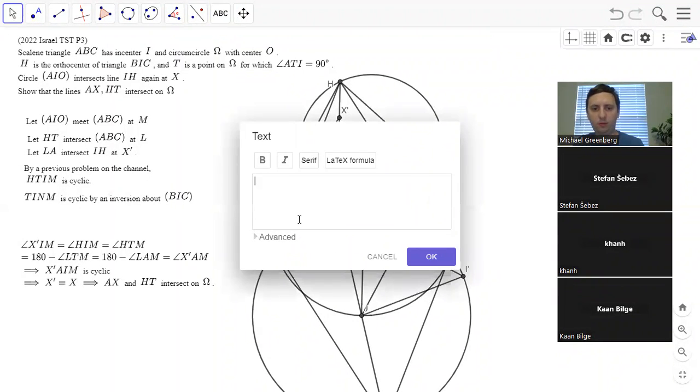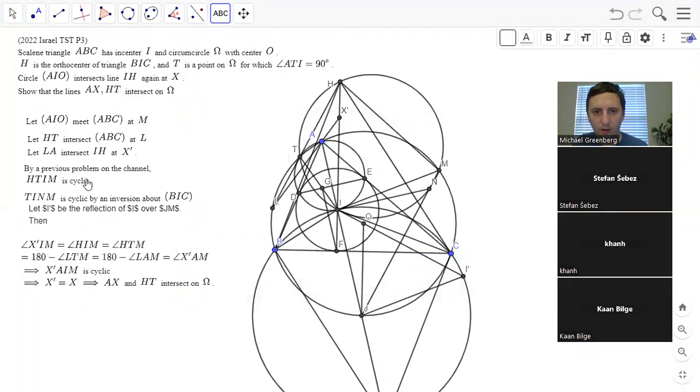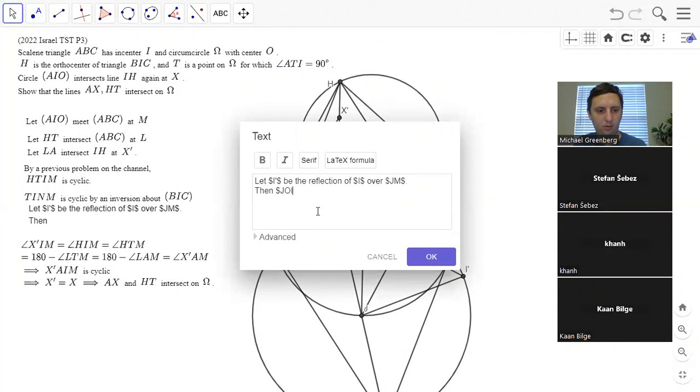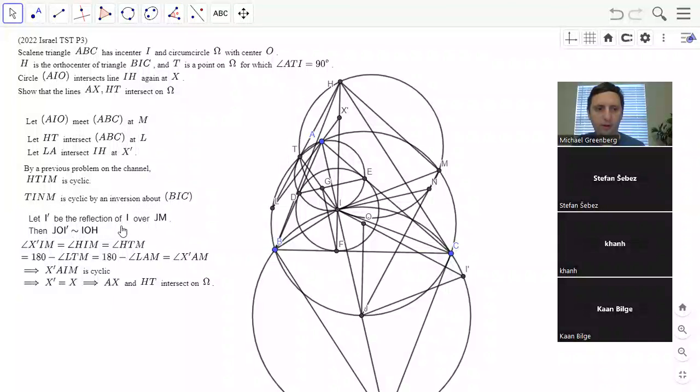Okay. So let I prime be the reflection of I over JM. Then JOI prime is similar to IMH by side angle side similarity.